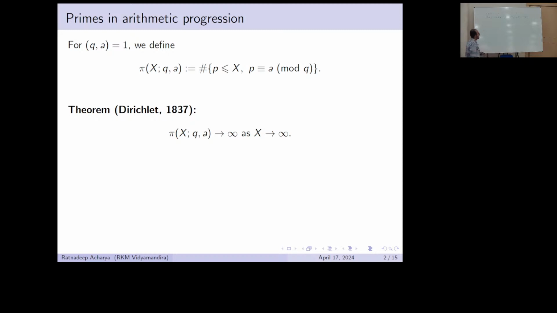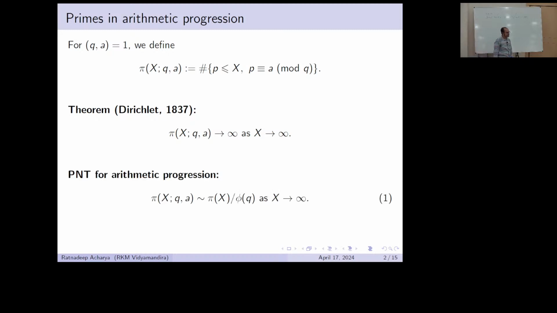Now here is the prime number theorem for arithmetic progressions. It tells us that π(x;q,a) is asymptotic to π(x) over φ(q). In other words, we can say that the primes are equidistributed over arithmetic progressions.